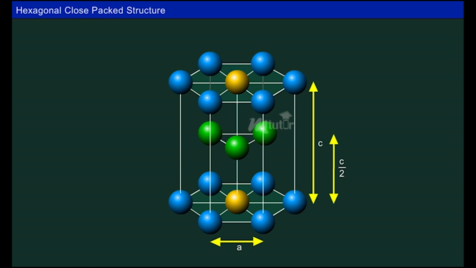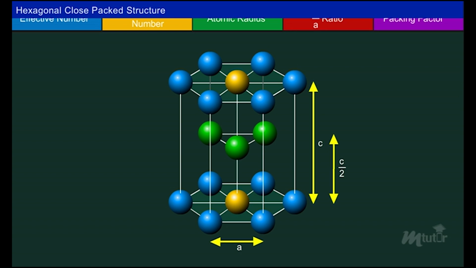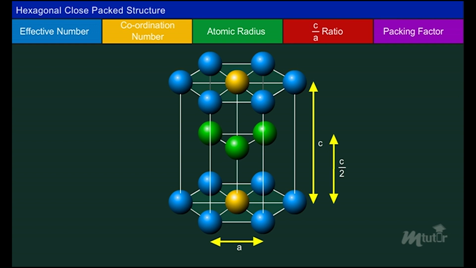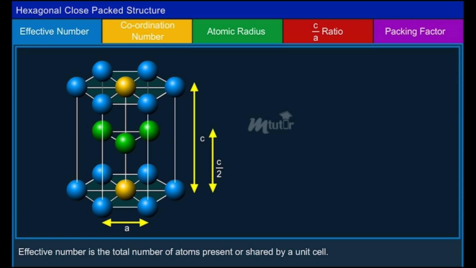Let us now proceed to understand the fundamental quantities to describe this crystal structure. The crystal parameters such as effective number, coordination number, atomic radius, packing fraction and C by A ratio describe a crystal. Effective number is the total number of atoms present or shared by a unit cell.